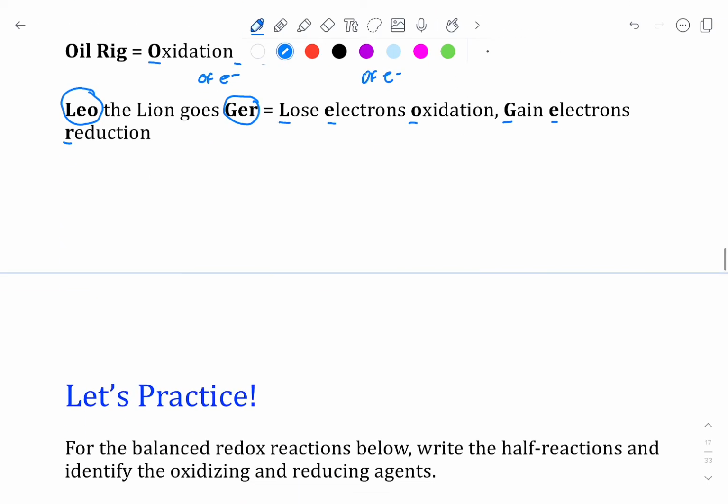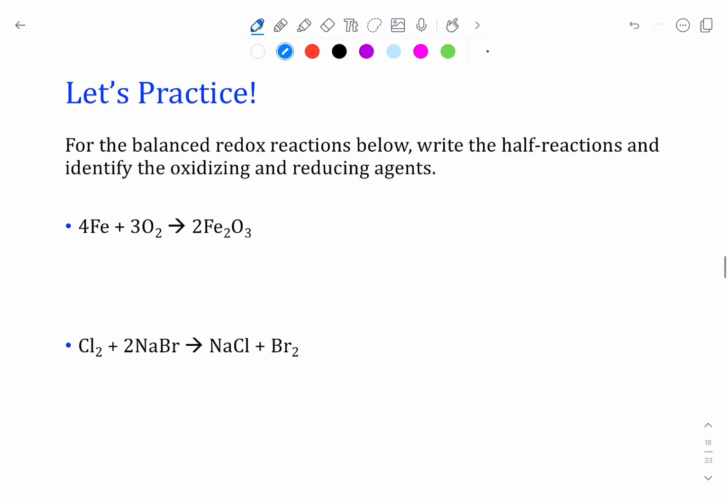So let's practice. For the balanced redox reactions, I'm going to change this, so feel free to change this in your own lecture note pack. I don't want to write the half reactions. We'll get to that later. And we're not going to identify, well, I guess we can identify the oxidizing or reducing agents.